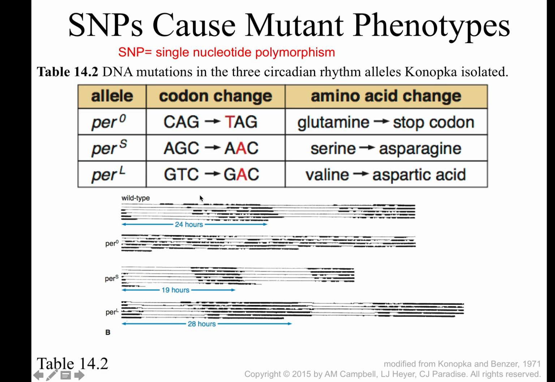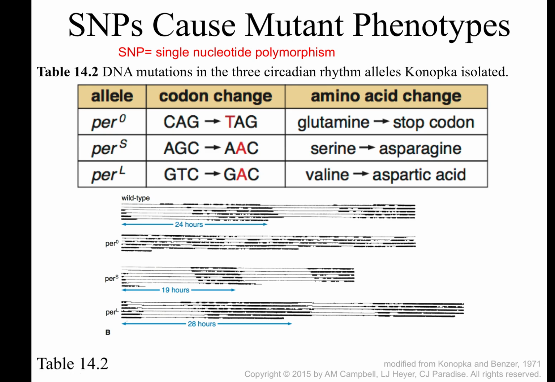So you can see in wild type, and each line here is a different fly, you get ideas that they're active for part of the day and not active for other parts of the day. In per zero flies, they're active or not active all parts of the day. In per S, the cycle of the period of activity is shorter, and per L, it's longer.